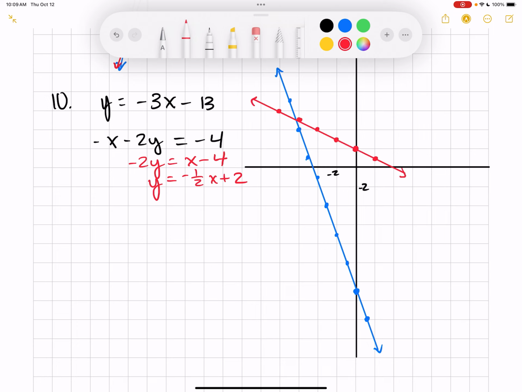All right, so approximately we're intersecting somewhere in here.